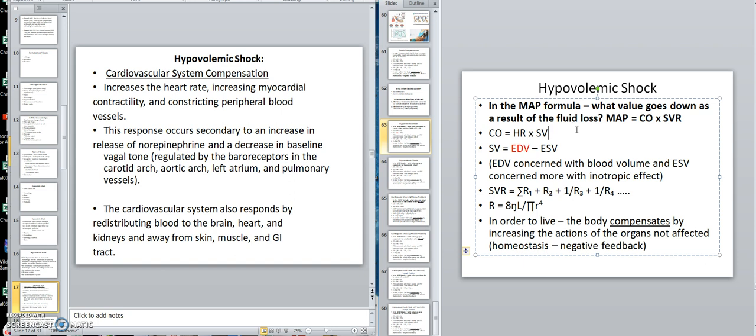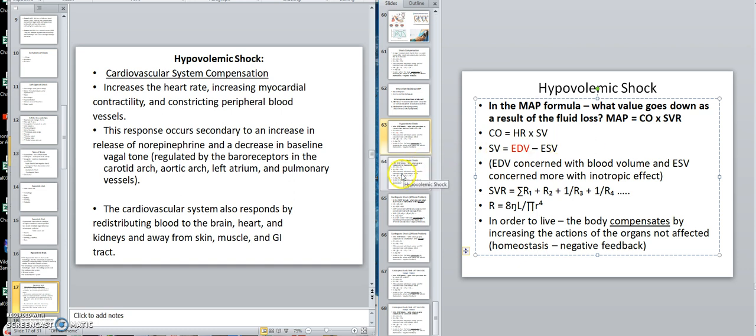Okay. So in hypovolemic shock, EDV goes down. If EDV goes down, then stroke volume will go down, which would then cause cardiac output to go down. That's how I want you to look at it. Think about what the culprit is.